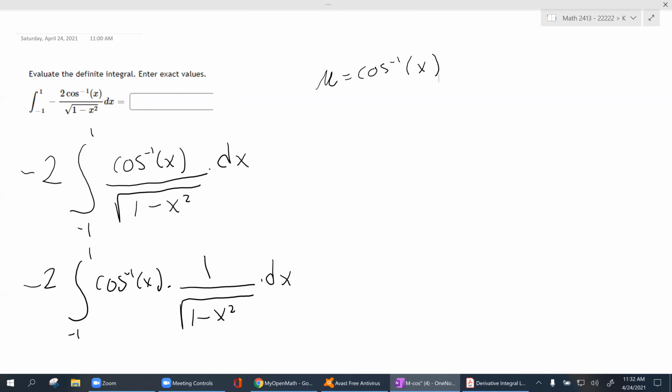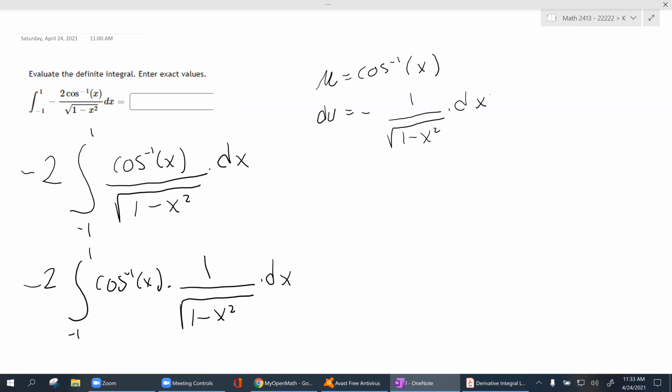If you look at the left-hand side of your sheet, they give me the derivative for inverse cosine on the inverse trig. The derivative of this is -1 over square root of 1 minus x squared times dx.